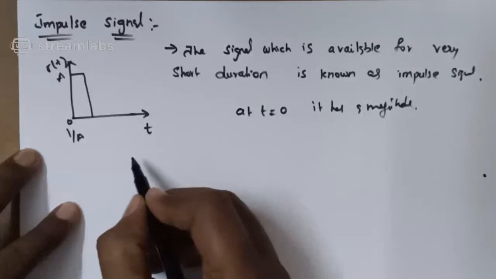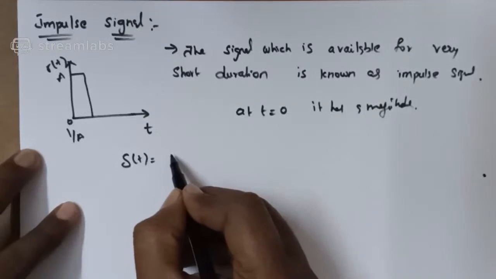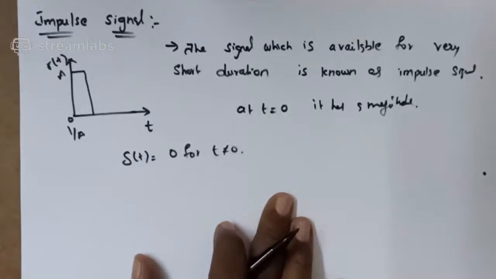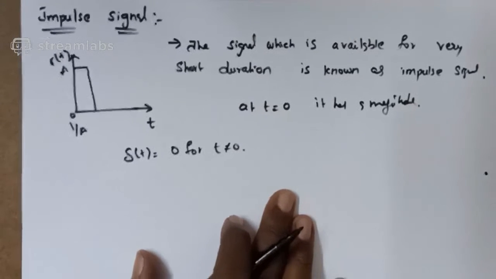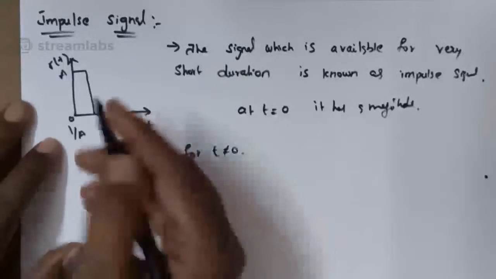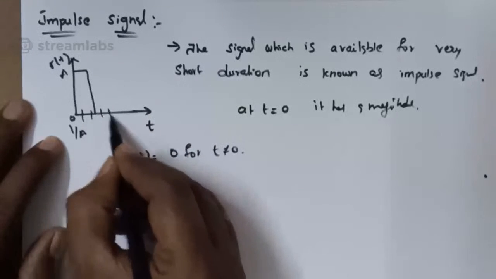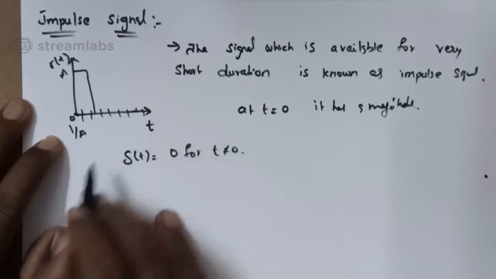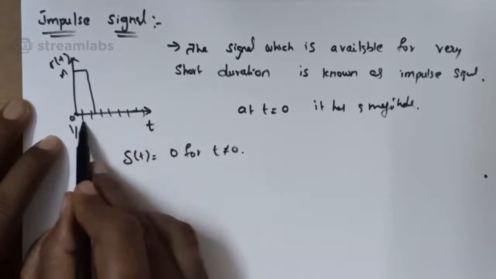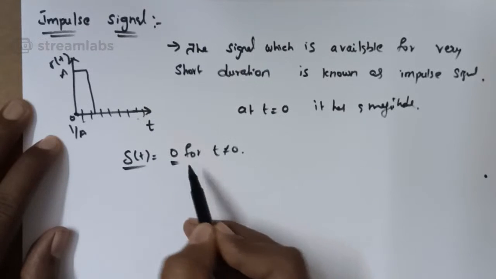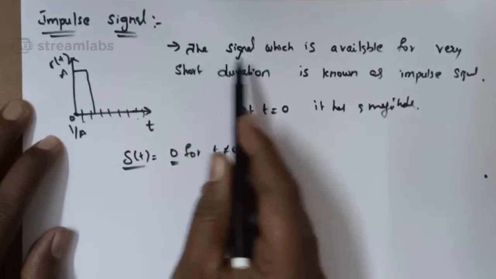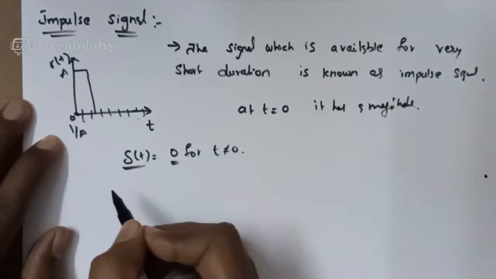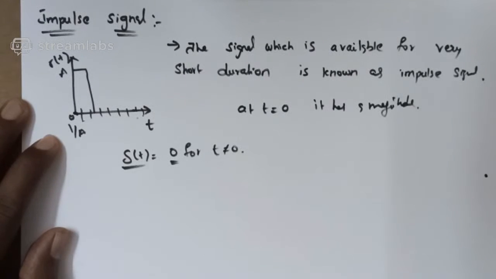That's why we got the signal delta of t is equal to 0 for t not equal to 0. When t is not equal to 0, these are all not equal to 0. Only one point t is equal to 0, remaining all t is not equal to 0. For all these time divisions, delta of t is equal to 0. That's why we call the impulse signal a very short signal. The signal is available for a very short time.